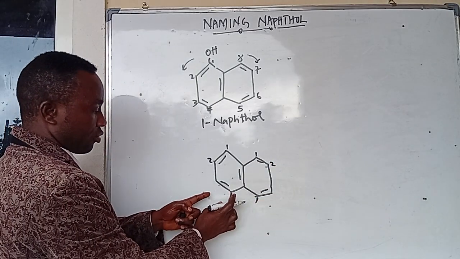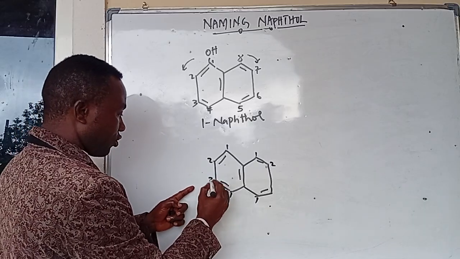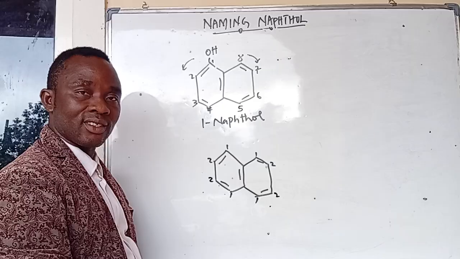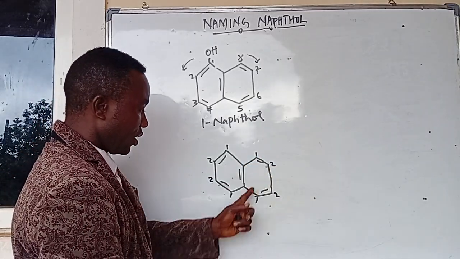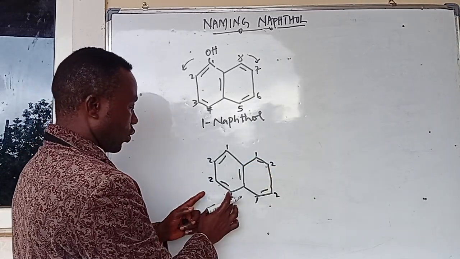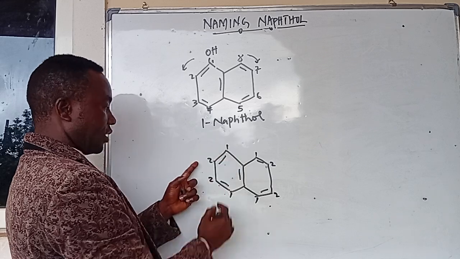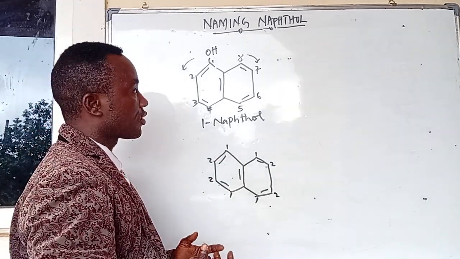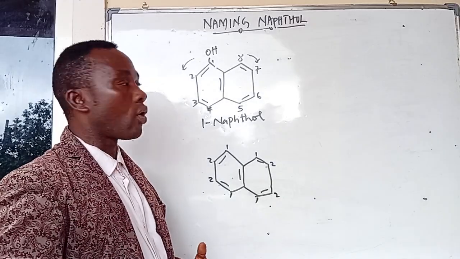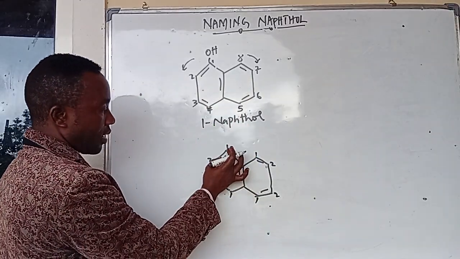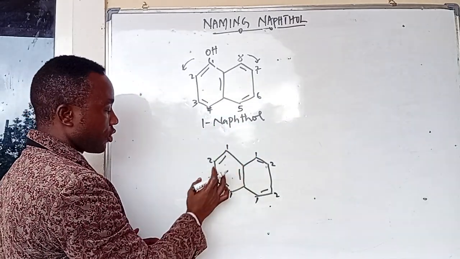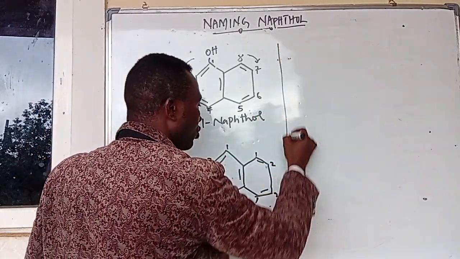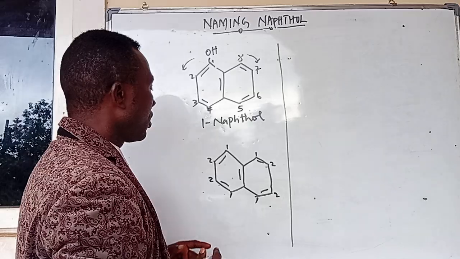So when you number through this way, here becomes carbon 2, and when you number through this way, here becomes number 2. If here is 1, then the other place is 2. So you can see that we will have 2 isomeric forms of naphthol: either 1 naphthol or 2 naphthol. So those are the 2 isomeric forms of naphthol.